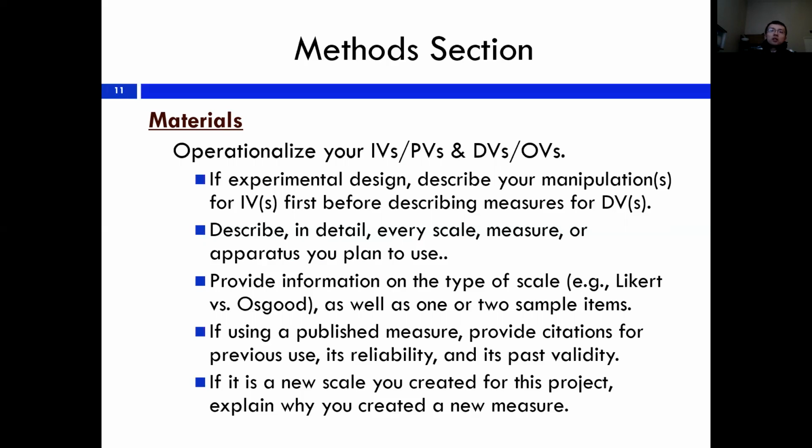Also, you want to cite the published measures, provide some source, and make sure people would be able to look into the original scales if they want. And if past studies suggest this scale has high validity or reliability, those are things you also want to mention. So you can justify the choice of your scales because you think those scales have high reliability and validity, and that's why you want to use them.